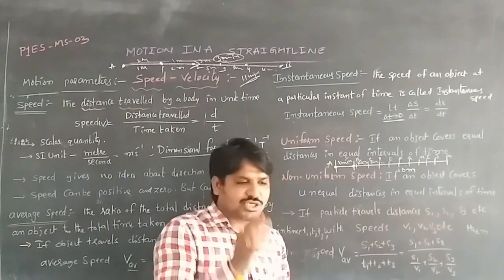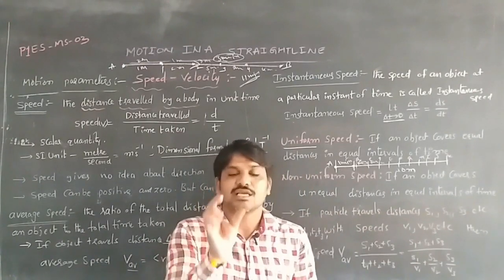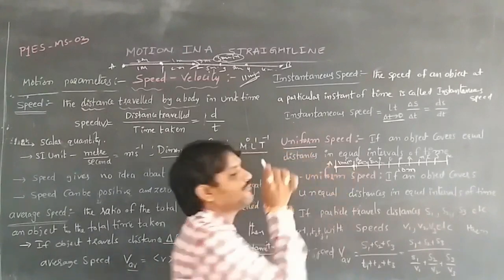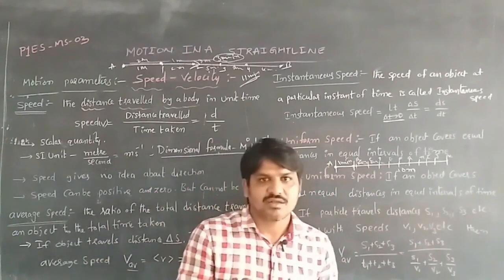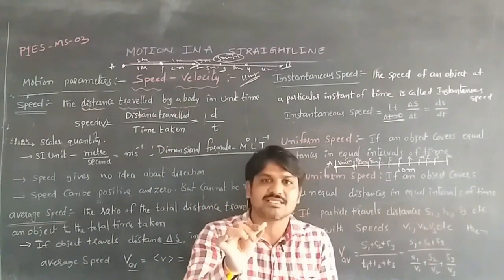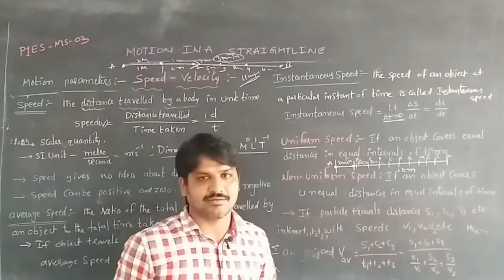The body has to move equal distances in equal intervals of time, and that is called uniform speed.